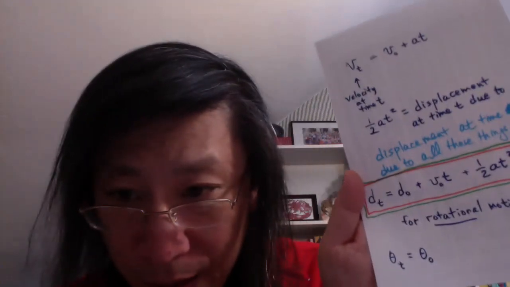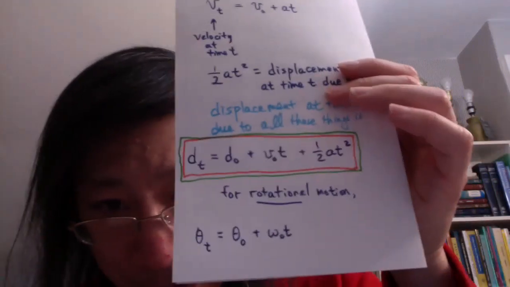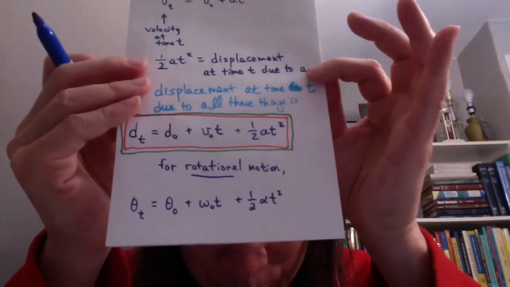Theta, the displacement in angle, theta sub t equals theta 0, that is the displacement at time 0, plus omega naught t plus 1/2 alpha t squared. Look how similar that is.